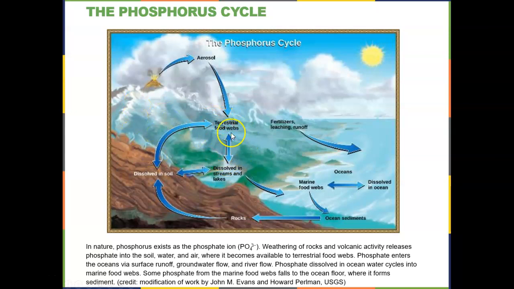And then when these organisms die or their wastes are released, that gets added back into the soil, and we have a similar breakdown, and then it gets recycled back into the water. As far as in the ocean, we have a similar kind of thing.